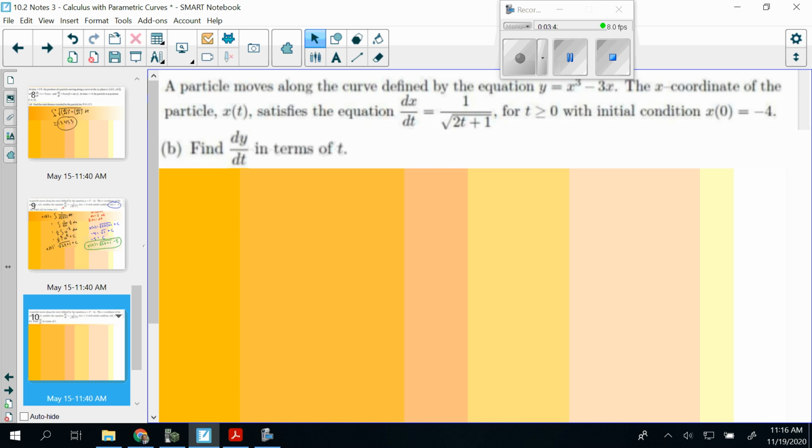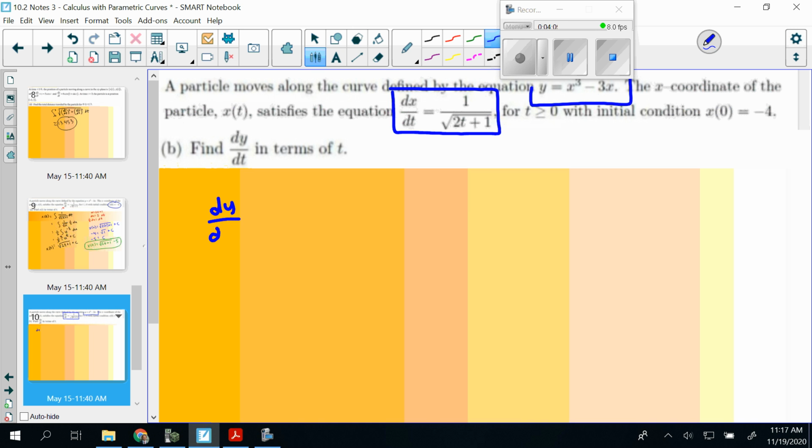All right, so to find dy/dt, what we want to do is look at what we have. We have dx/dt, that's given to us. We also have this equation for y here, from which we should be able to find the derivative, dy/dx, which is 3x squared minus 3.